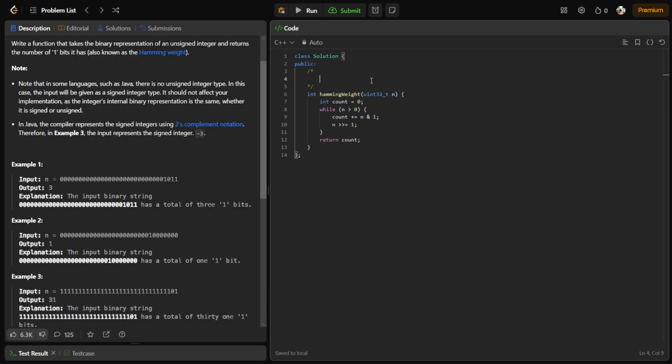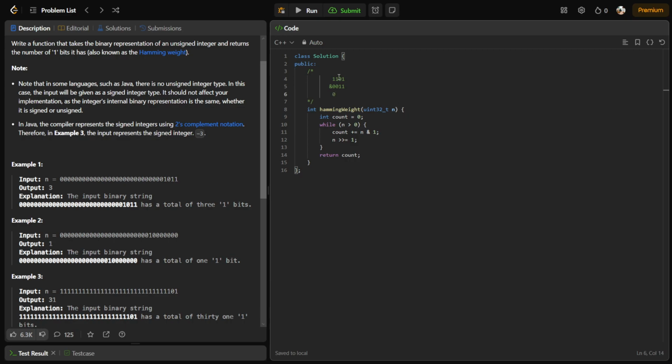So this basically means, if I have something like this, and I apply the AND operator here, what the AND operator means is that if both of them are 1, then I'll get a 1.